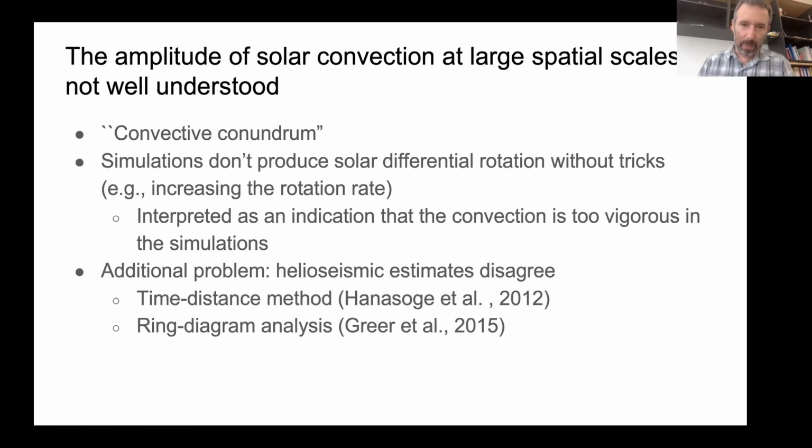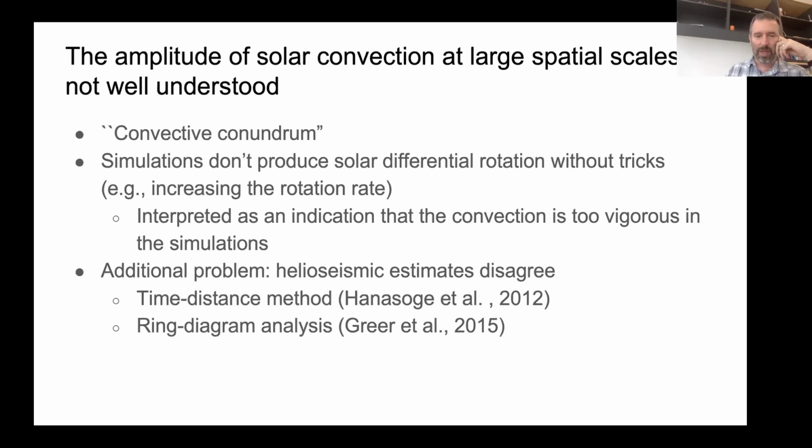And a related phenomenon is that simulations of convection on the sun don't produce the right solar differential rotation without some tricks. For example, some people tried spinning their models somewhat too fast. And in turn, this has been taken as an indication that the convection in the simulations is too vigorous. And that's how it looks from the observations as well.